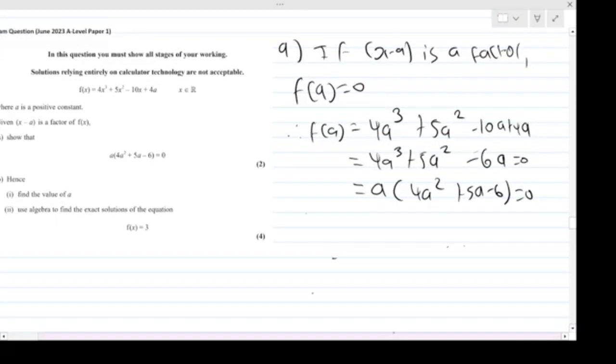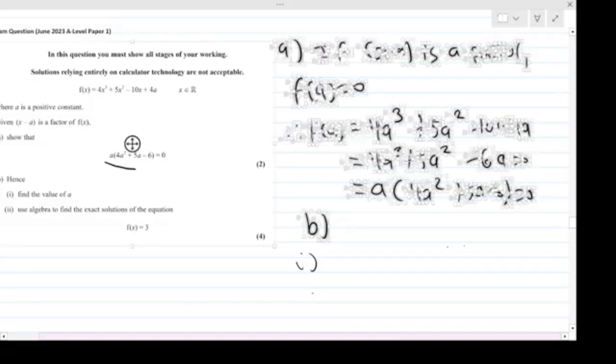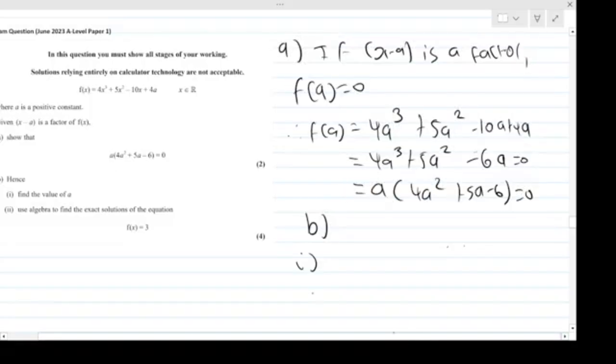Then part B says hence find the value of a. Well, we have an equation here, so we can use what we did before. It's an equation equal to 0 with two factors, so I can set each part equal to 0. So either a is 0 or the other factor 4a squared plus 5a minus 6 is equal to 0.